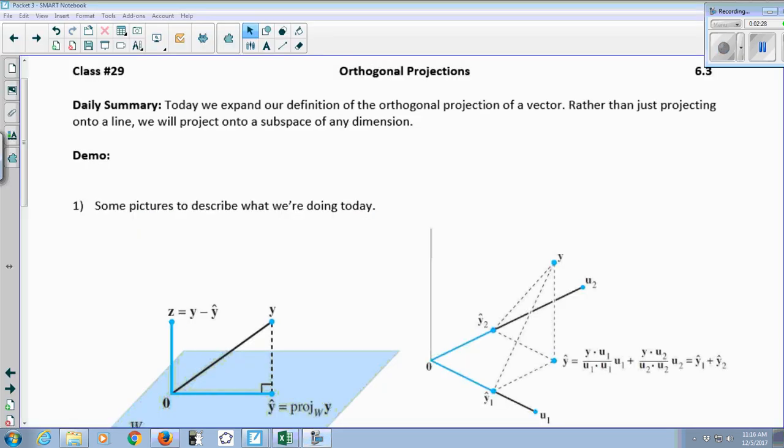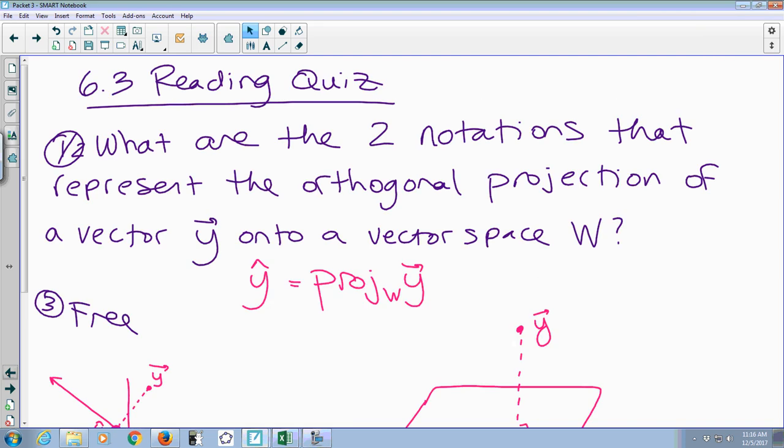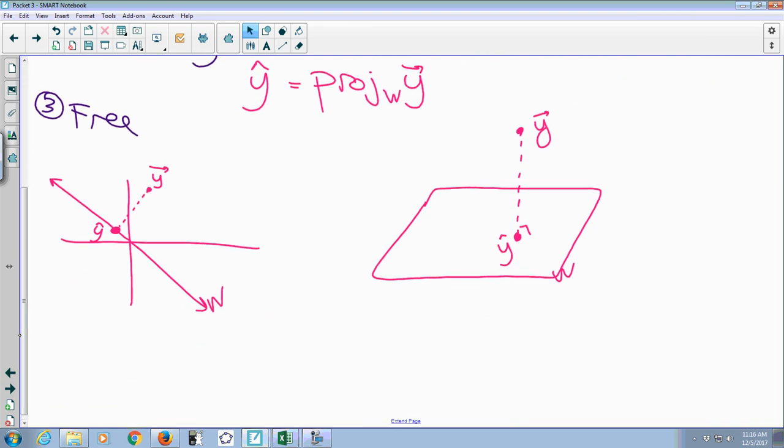Okay, so in our daily quiz, I talked about what we're going to do in 6.3, right? In 6.2, we found the orthogonal projection for a vector y onto a line that goes through the origin. So y hat is the vector on that line, and then z is the orthogonal component of y. Today we're going to be projecting onto a whole plane.